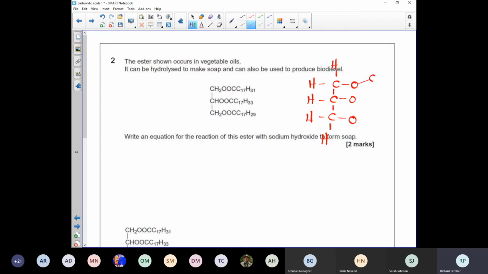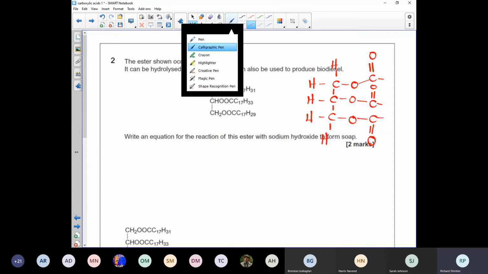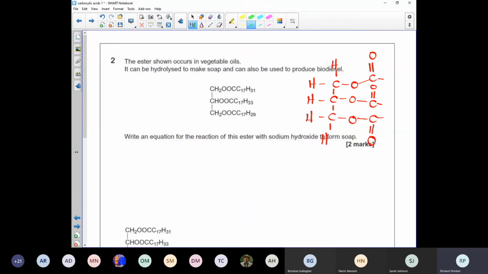So it's difficult to draw these nicely, but what you often won't see here is the 3 ester links. So I'm just going to highlight those now so we can see, because the ester links go in reverse of how we normally draw them.